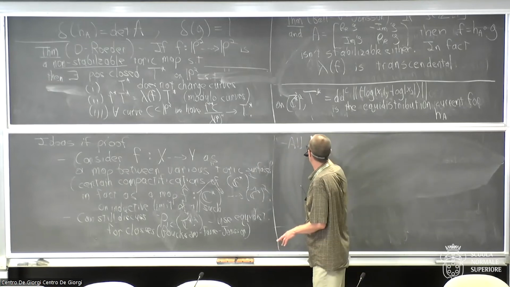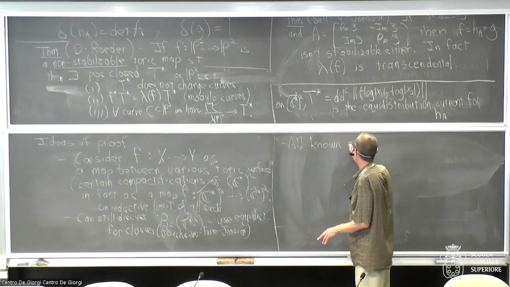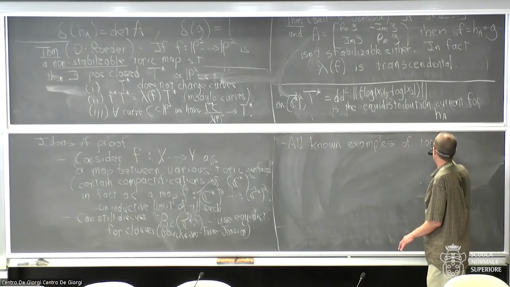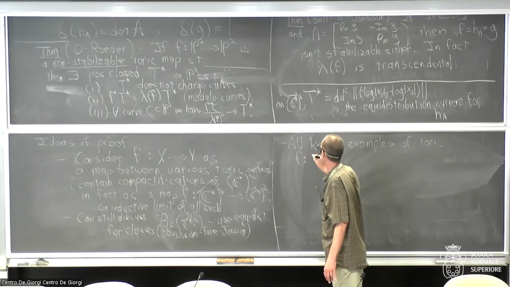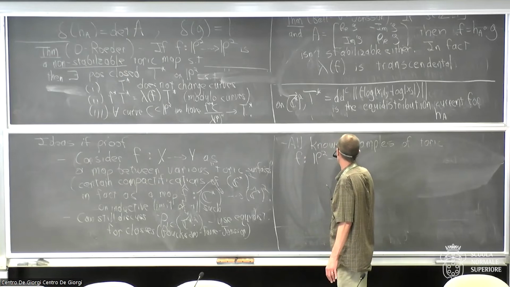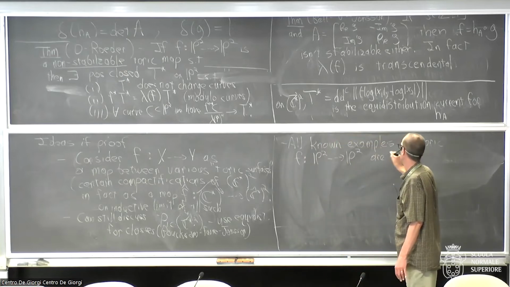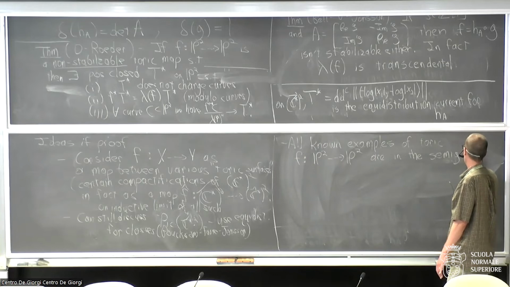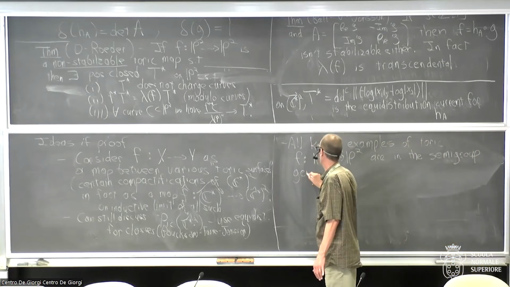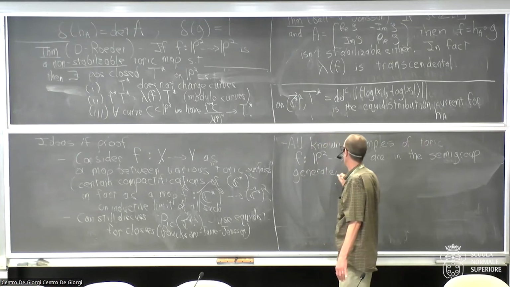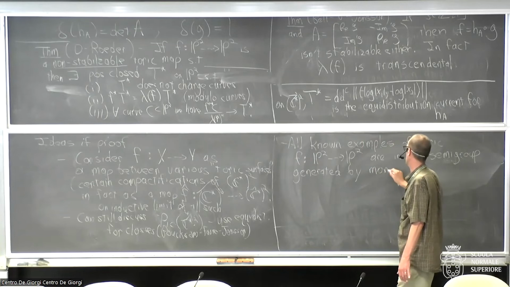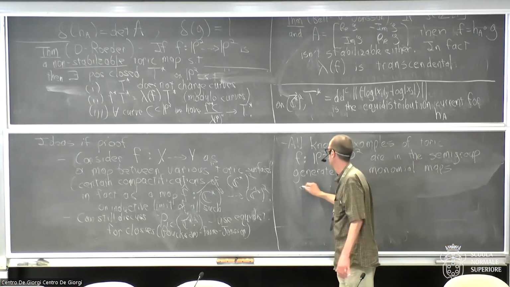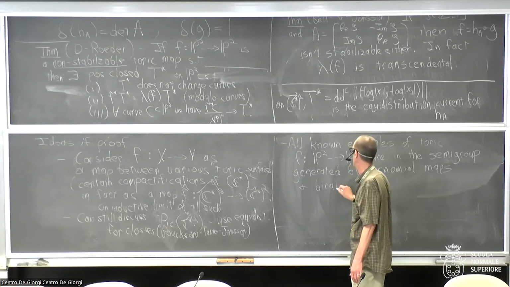So at the moment, all known examples of toric maps on P2 are in the semigroup generated by monomial maps and maps like G, that is, birational, invertible toric maps.